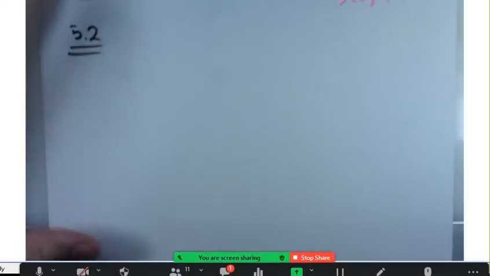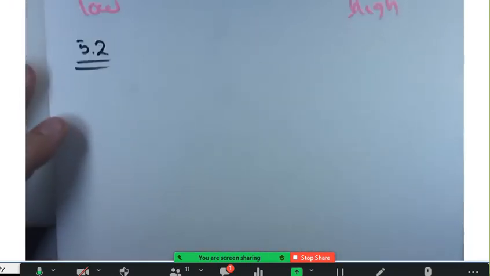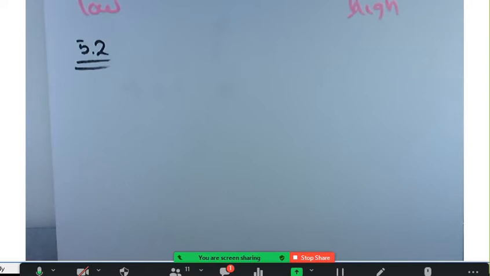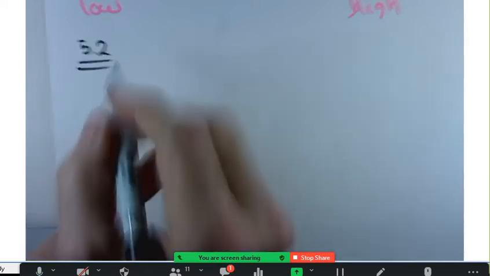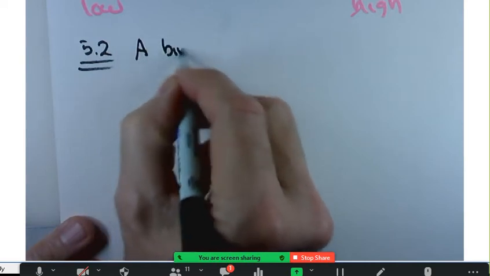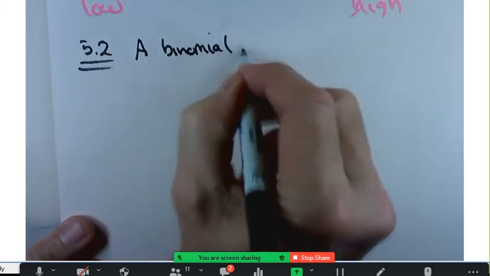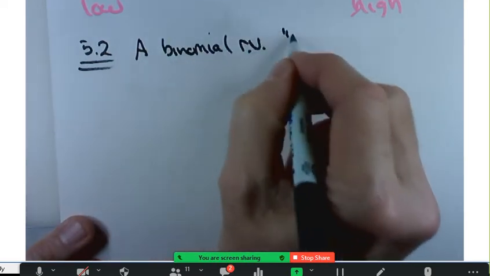Now, to decide if something's a binomial random variable, there was a word that I used that helped us. Does anyone remember what that word is? Yeah. So a binomial random variable fits.